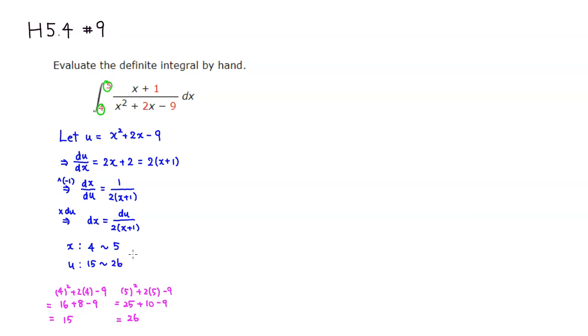All right, so let's rewrite the integral. This integral is going to be the integral from 15 to 26. We decided to call the denominator u, so I'm going to put u here, and I'm going to leave x plus 1 as it is for now. dx shows up right here, and dx is du over 2 times quantity x plus 1.